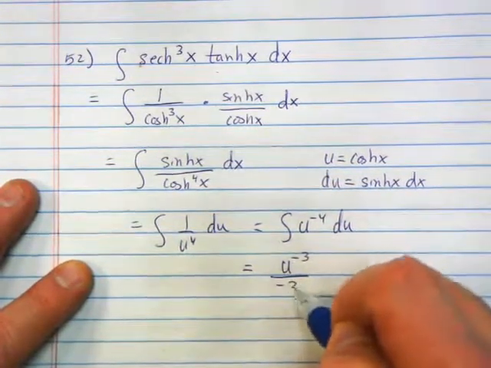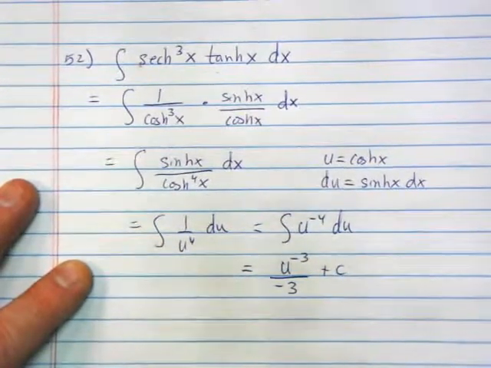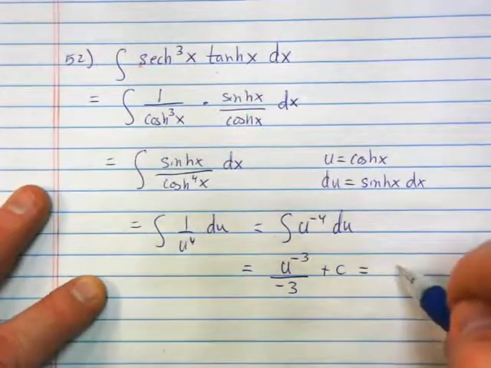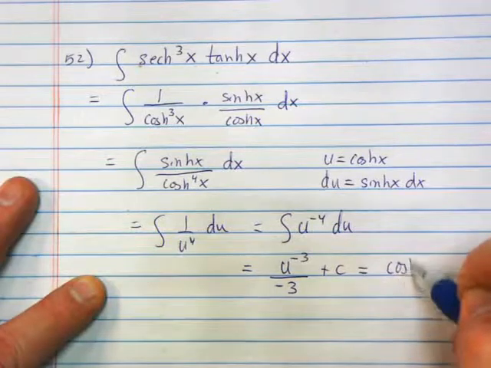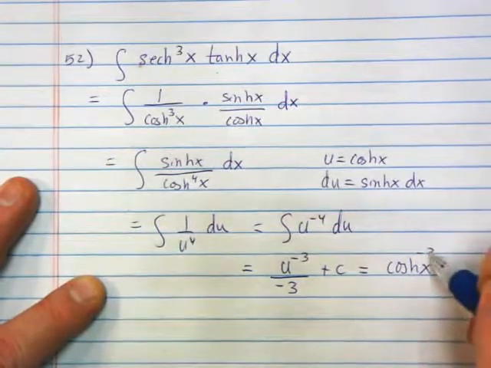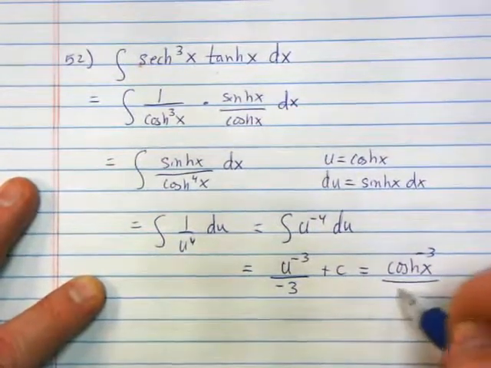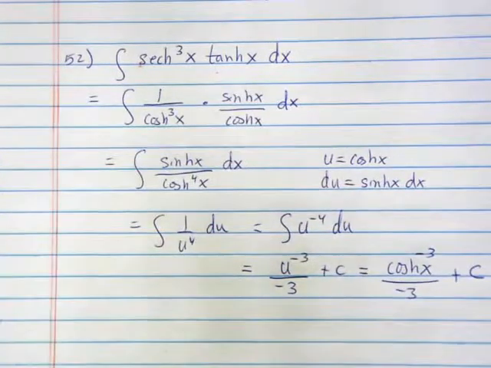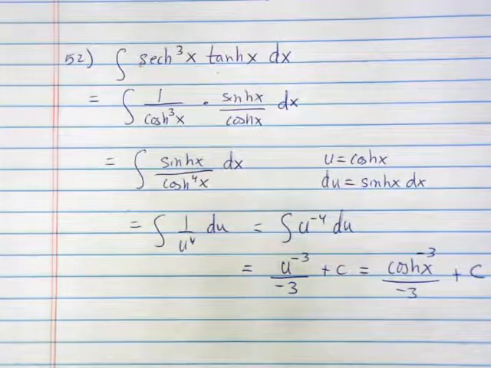Divide by your new power plus c. So this is hyperbolic cosine to the negative 3 over negative 3 plus c. There's answer number 1.